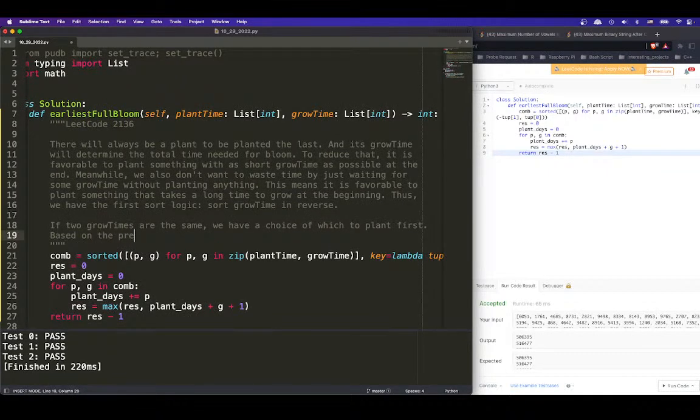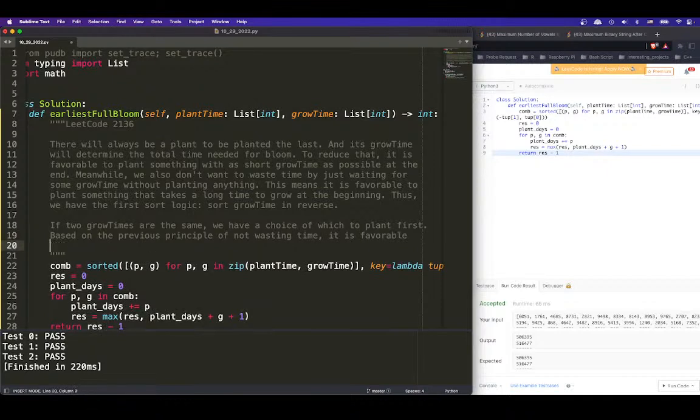Based on the previous principle of not wasting time, it is favorable to plant something with shorter plant time first.